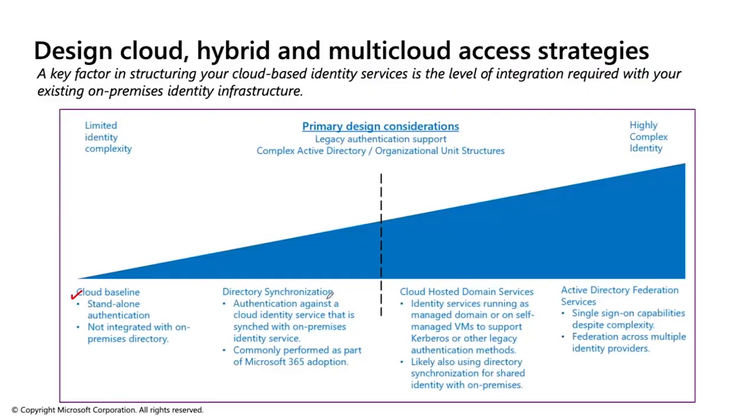Now, last and very complex, you see Active Directory Federation Services. In Active Directory Federation Services, we can achieve single sign-on. So basically here, if you want to keep my authentication in my on-prem Active Directory, and I want to use Entra ID only for authorization, in that situation we can use Active Directory Federation Services.